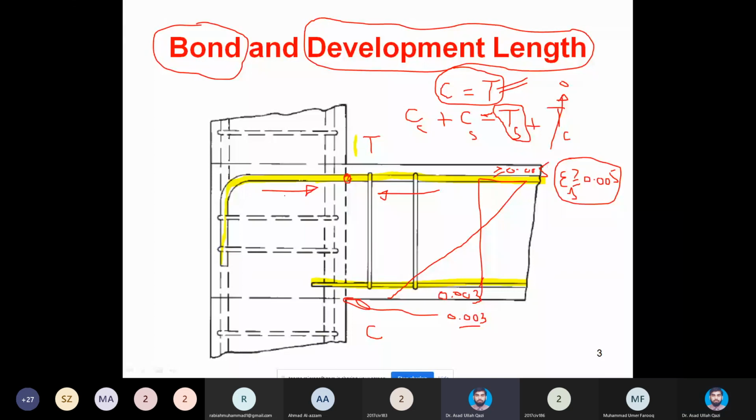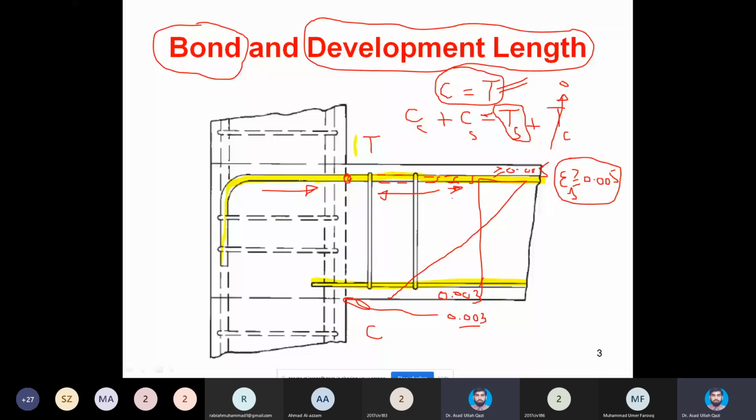There will be a force applied, and in order to keep it gripped, there must be friction at the interface, at the contact area between steel and concrete, and there is a natural chemical adhesion between steel and concrete, and lugs or deformations on the surface of the bar will also provide a bearing component and hence resistance against the slip or pull out.